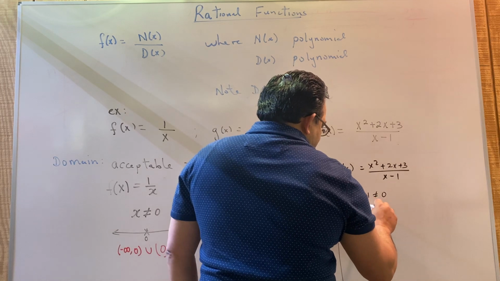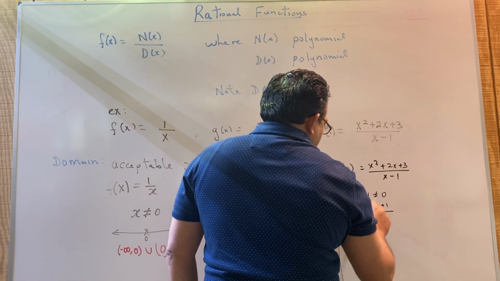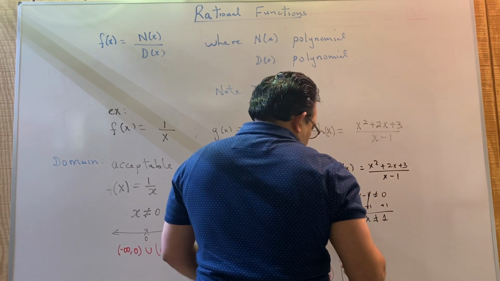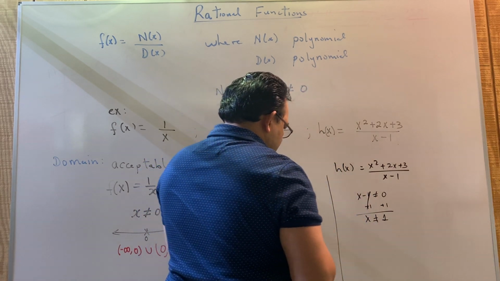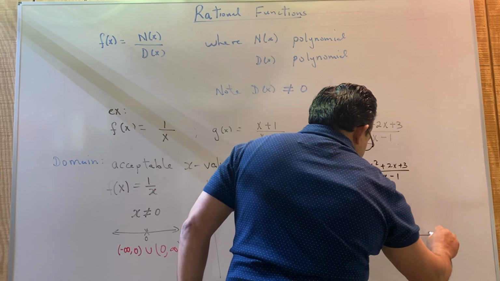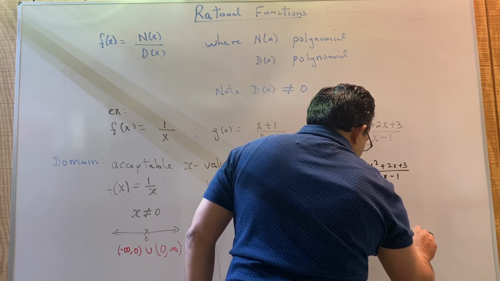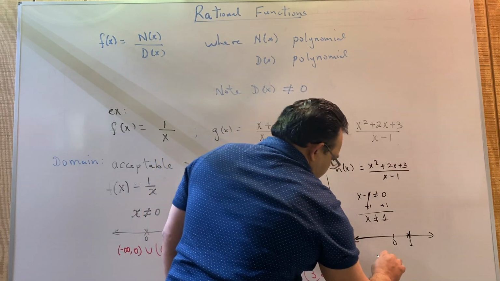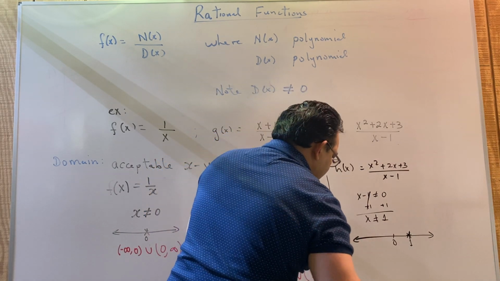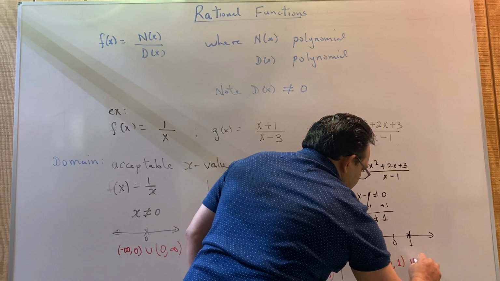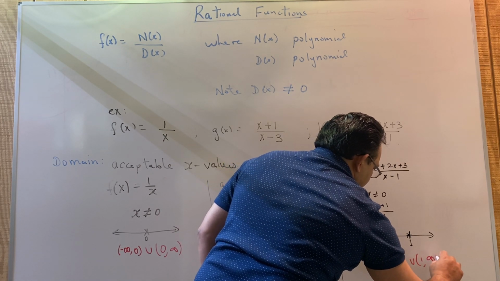If we solve for x, we have that x cannot be equal to 1. I always like to draw the number line so you will see what's happening. If we take out x is 1, what's left on the line? Well, we'll have from negative infinity to 1, union with from 1 to infinity.